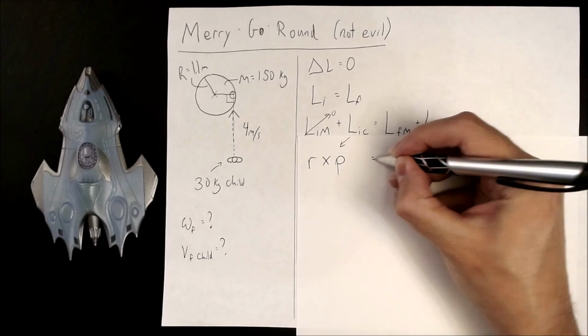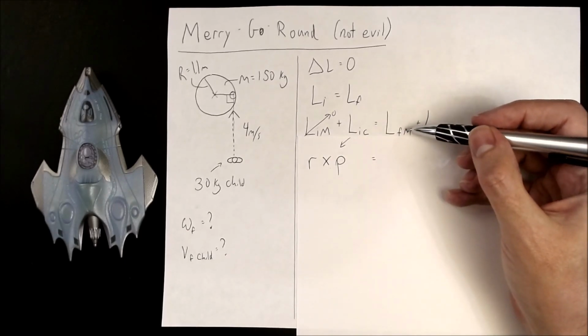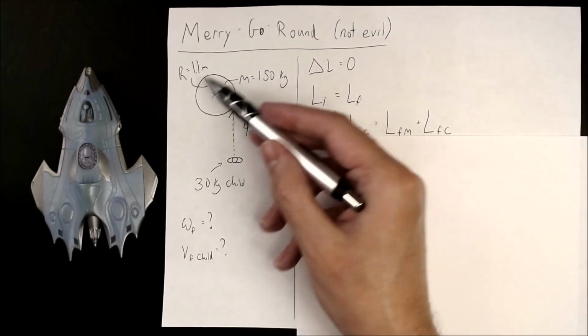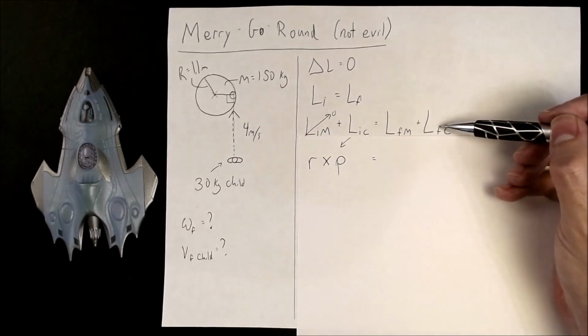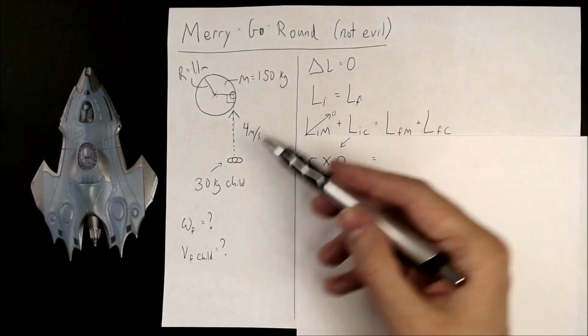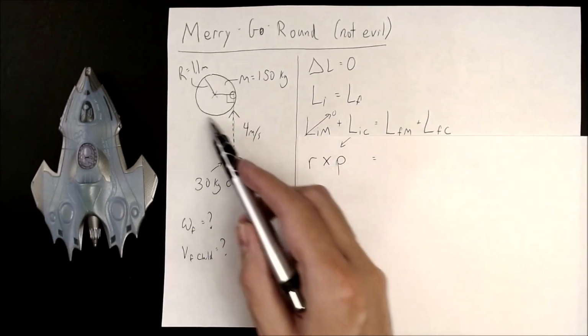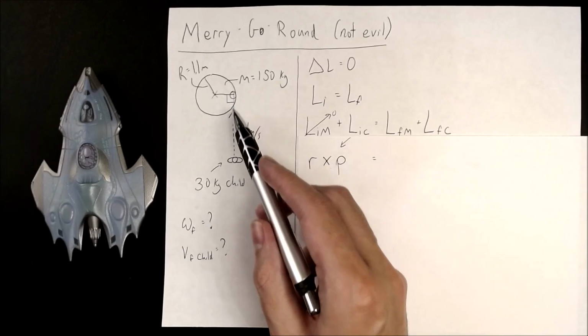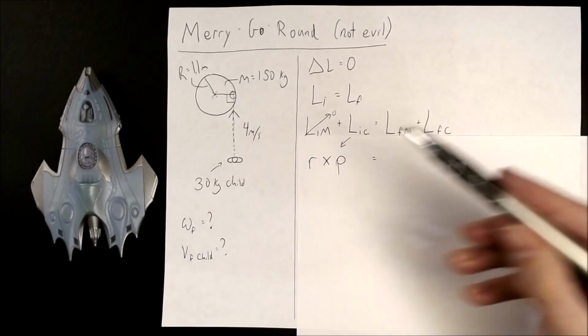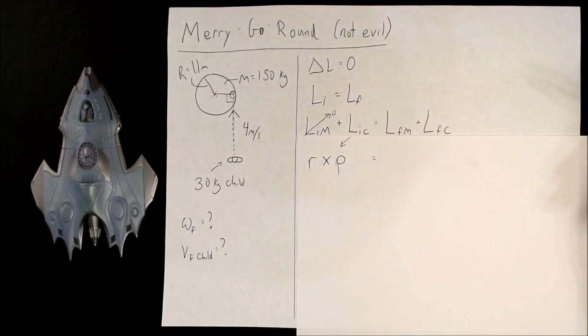That is going to equal the final angular momentum of the merry-go-round, which is spinning, as we discussed, at the end, plus the final angular momentum of the child, who has jumped onto the spinning contraption which made it spin. So what equation are we going to use for that?